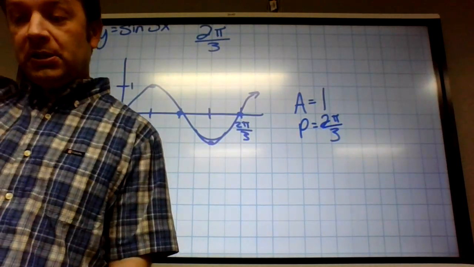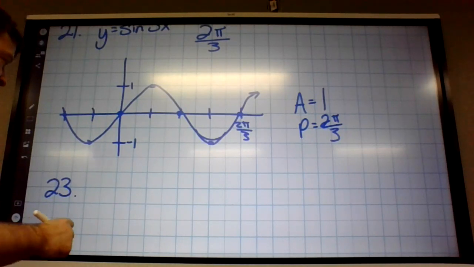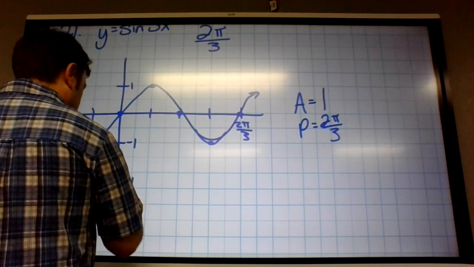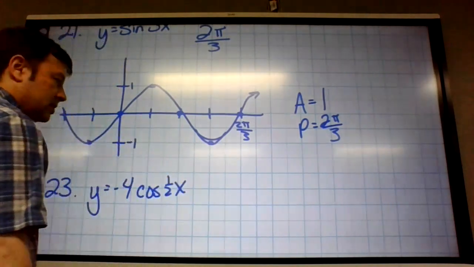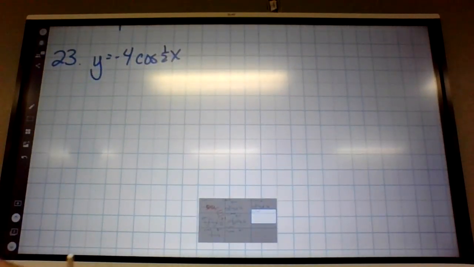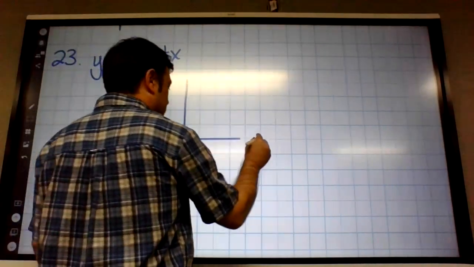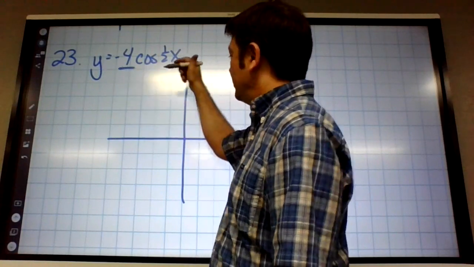Dos mas. Oh goodness, they did everything on 23. Negative 4 cosine of 1/2 x. That's why they put this in the B section. They're doing a lot on this one. Okay. So there's a 4 in front.